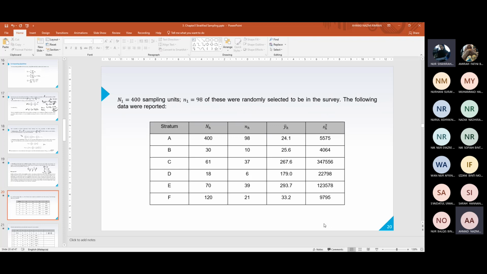Because the area is too big, the researcher decided to divide the area into 6 strata, because it would be easier for them to conduct the study. So after dividing the area into 6 strata, they came up with these values.